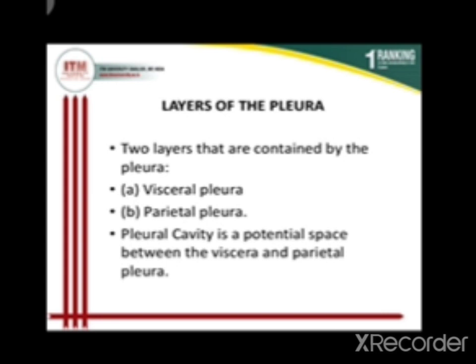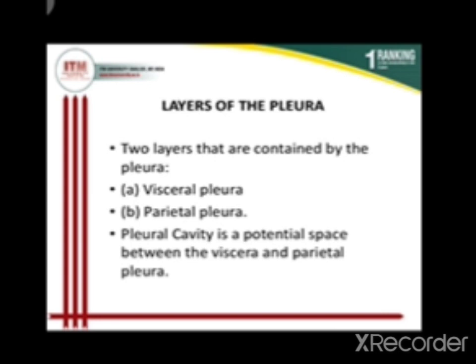One is the visceral, which lines the lung, and the outer one is the parietal pleura, which lines the thoracic wall from inside. So the parietal pleura is the outer one, and the visceral pleura is the inner one. These are the two layers of pleura, and the potential space between the visceral and parietal pleura is called the pleural cavity.